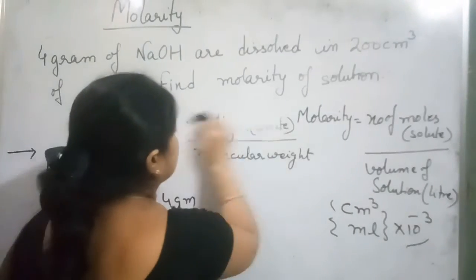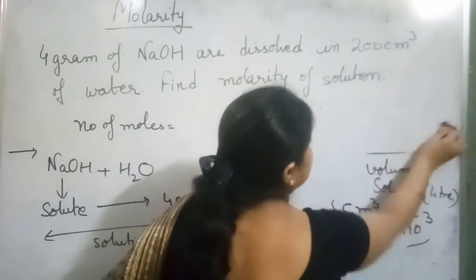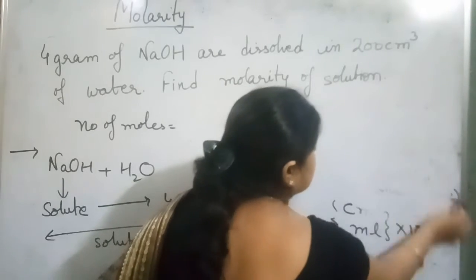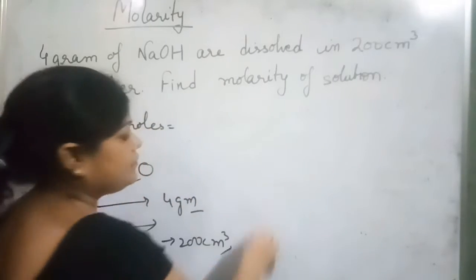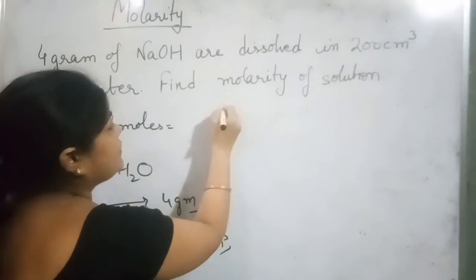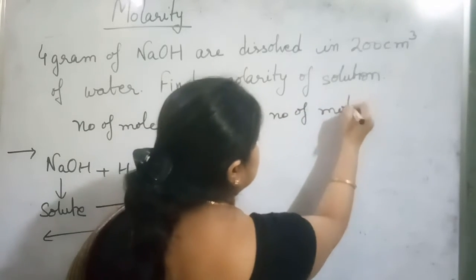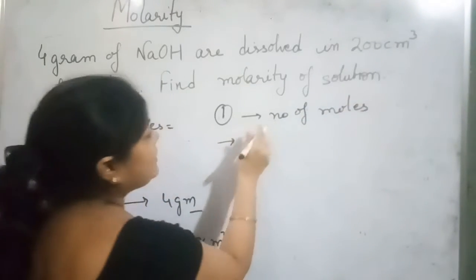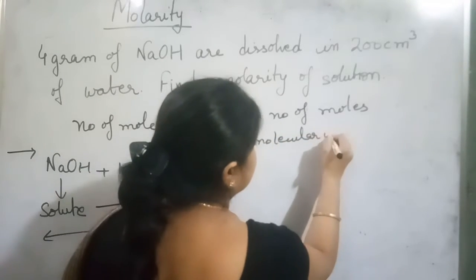Okay, this is the data which we collected from the question. Now I am going to solve this type of question. How will we find the molarity? Now see on the blackboard. In molarity, the first step is to find the number of moles. For that we have to find the molecular weight of the solute.